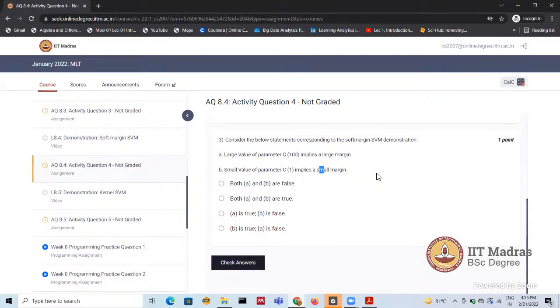In the lecture, sir tried to show you the difference between changing the C value to large and changing the C value to less. So my question is, is a tighter margin synonymous to overfitting, or is a broader margin synonymous to overfitting?